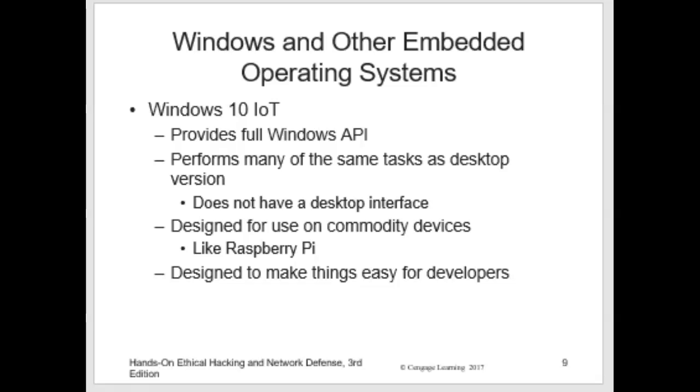So, continuing with the Windows and embedded OS line of thought, the Windows API, that's an application programming interface. This allows users to write programs that can interact with Windows. That's what a Windows API does. So, for example, displaying things on the screen or getting input from the mouse or keyboard. And so all Windows programs, except console programs, must interact with the Windows API regardless of what language it's written in.